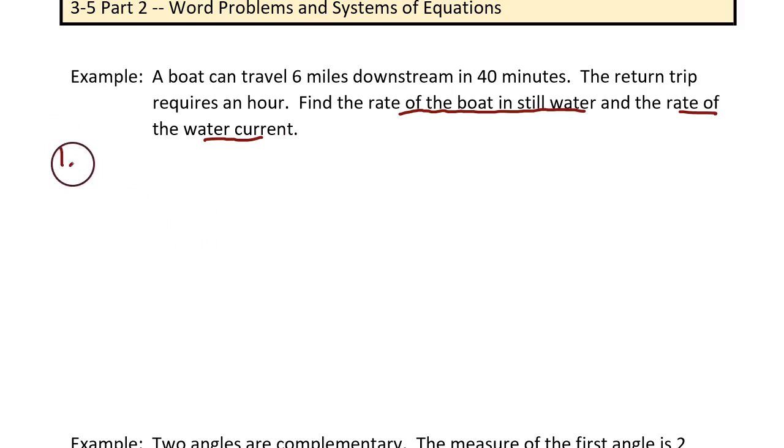First step, we're going to define the variables. We can use any letters of the alphabet we want, but it's common to choose X and Y. We want to explain what we're letting the X represent and what we're letting the Y represent. So the letter X will be our first unknown, the speed of the boat in still water.